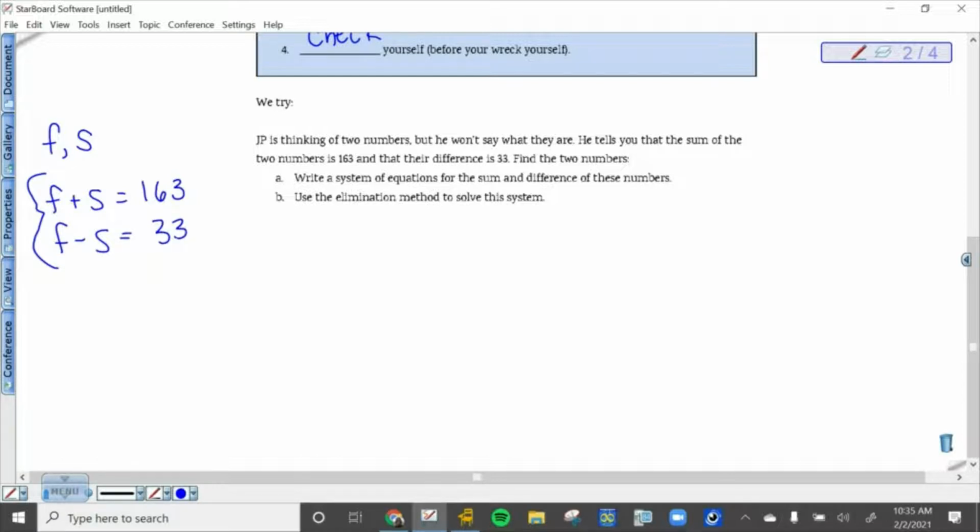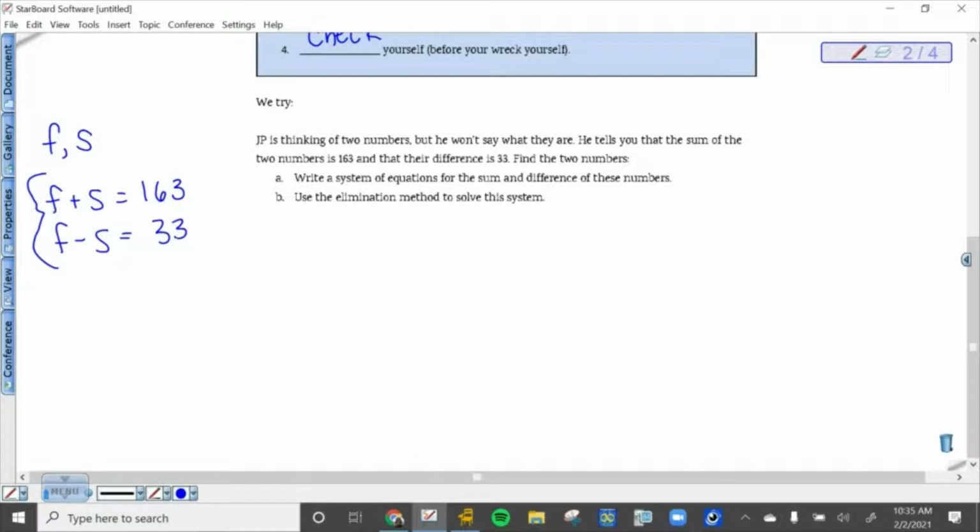Okay, so now we have two equations working with the same variables. That means we have a system of equations. And now we're going to solve that system using the elimination method. So let's look at the coefficient sets of both of our variables. What are the coefficients of F? Of F, what? 1. Yeah, just 1 for both of them.